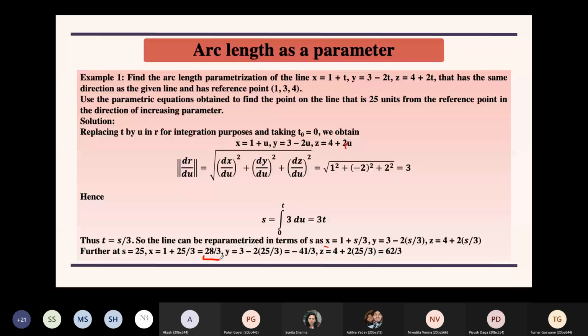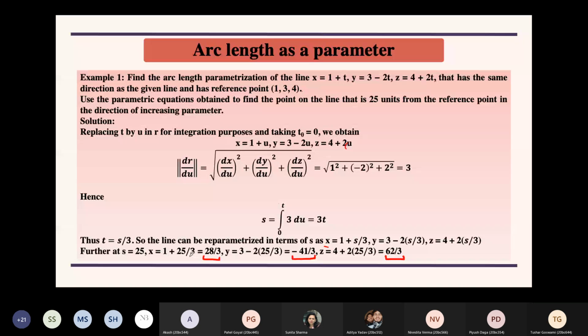If the point would have been 25 units in the other direction, then you would have put s equal to minus 25, because your direction has been reversed. But it is in the direction of the increasing parameter, so that means your s is plus 25. So put s as 25 and replace this s by 25 and you get the coordinates.